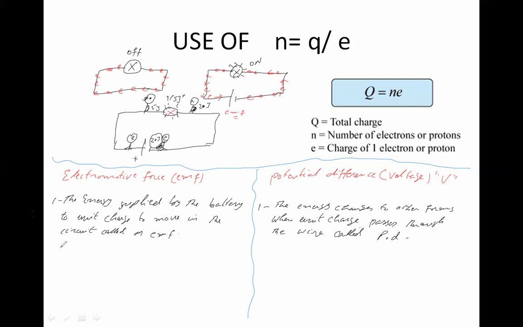Look, number 2, second definition. Before the battery, there is no work on the charge. But when the battery is connected, there is a work on the charge to move the electrons. Look, EMF is a very simple definition now.